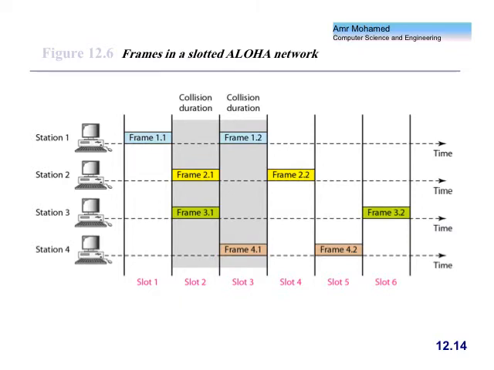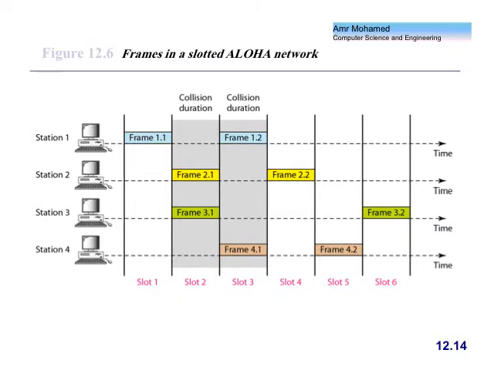If a node like station 2 has a frame here, then it has to wait for the beginning of the next time slot. It cannot send right away.